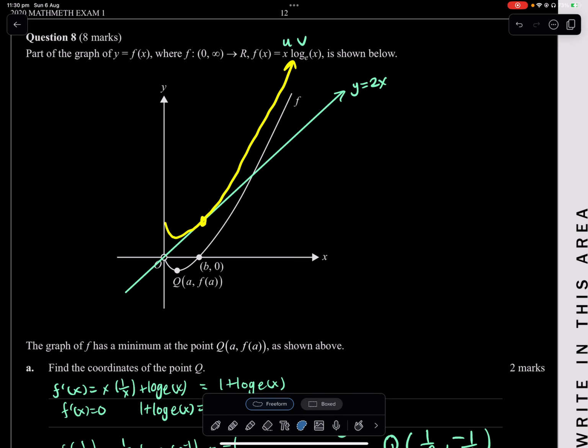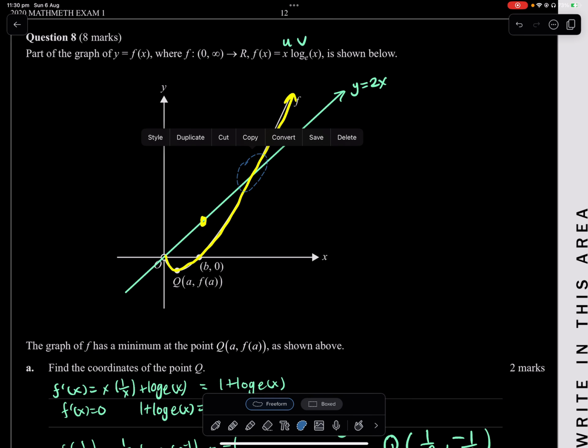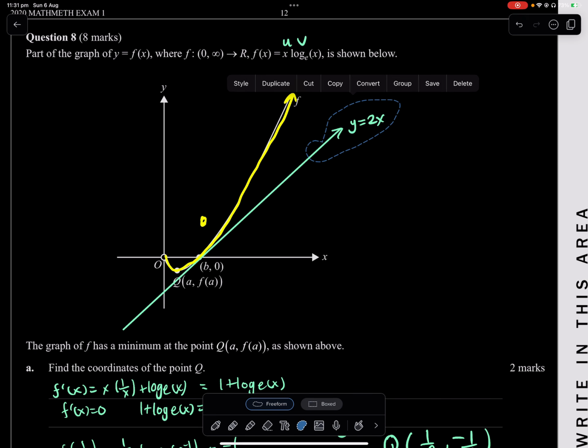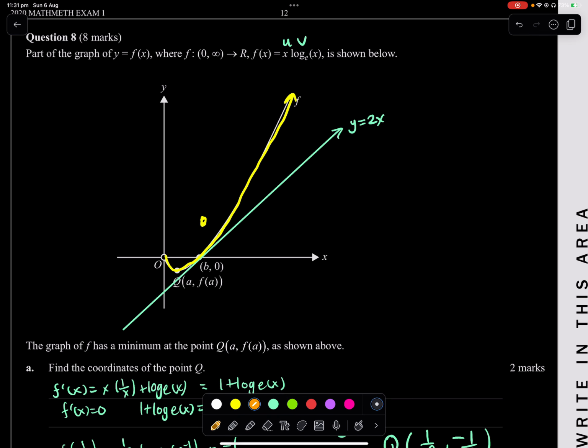If I bring this graph down here, we can pretty much translate it down. It doesn't change its gradient, and we can maybe move it to the point where it touches the value over here, and we can find that value.